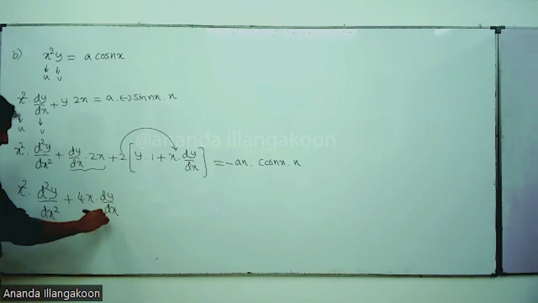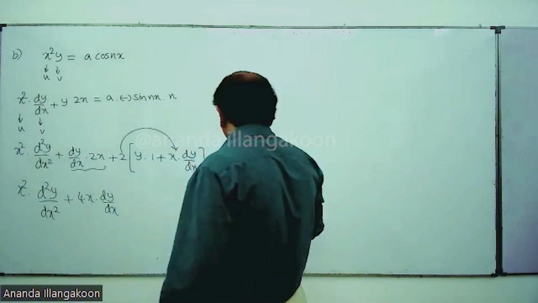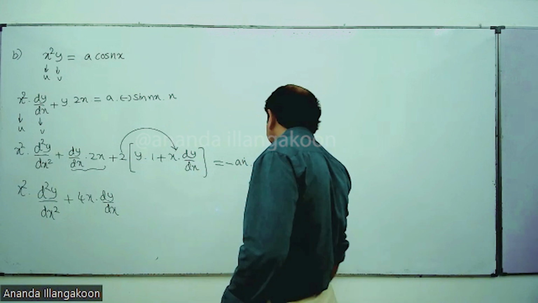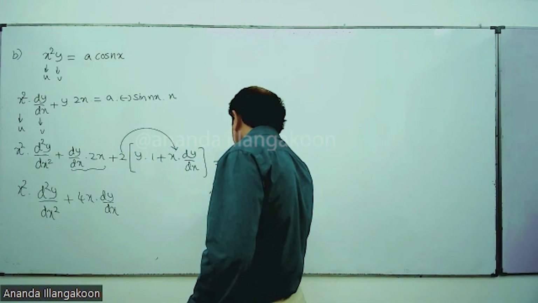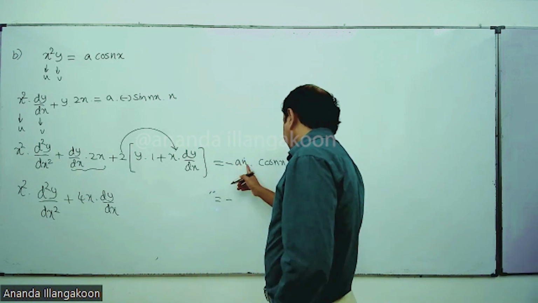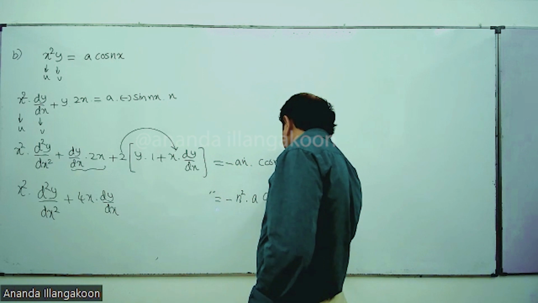Right? And now here this n and n squared, right, now with minus sign here, and a cos nx.